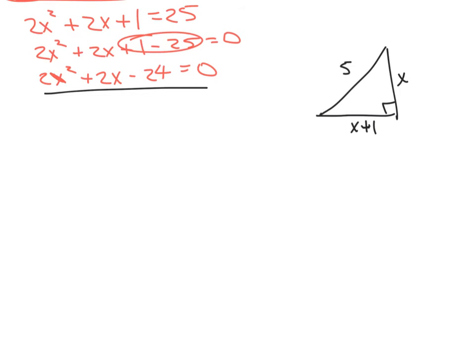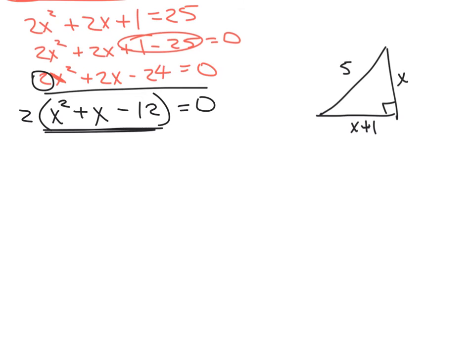Is there something I can factor out of there before I do anything else? And there is. Whoops, that's not a 2, that's just an x because I pulled the 2 out. I pulled a 2 out of the 24, leaving me with 12. Now this one is a lot simpler to deal with. I don't have a number in front of my x squared, so I don't have to do any grouping or anything like that. I can just take this, draw it that way.